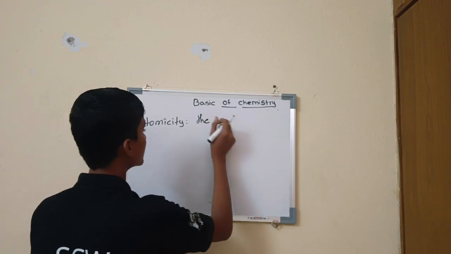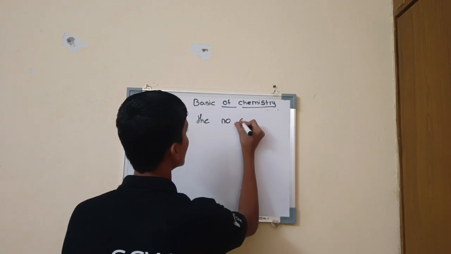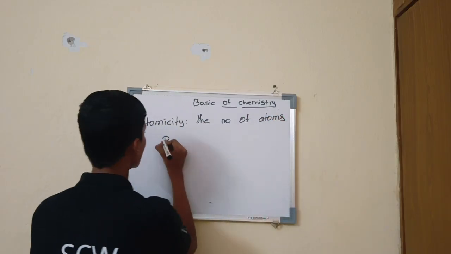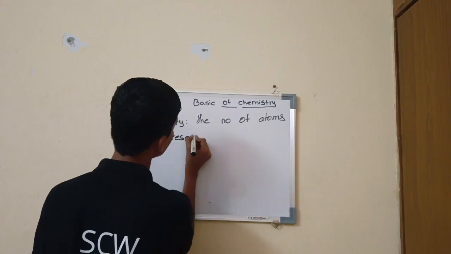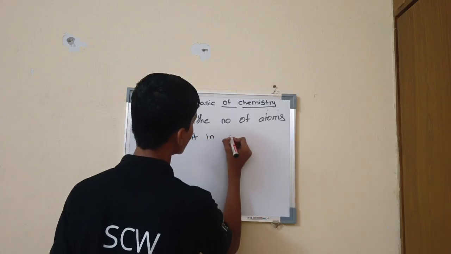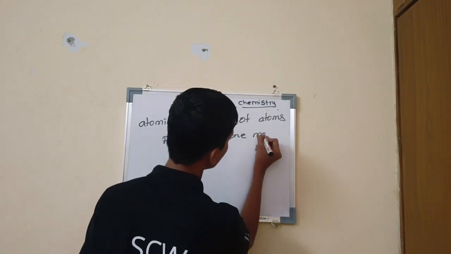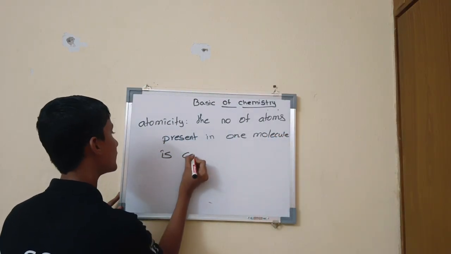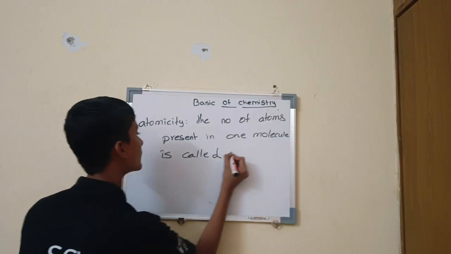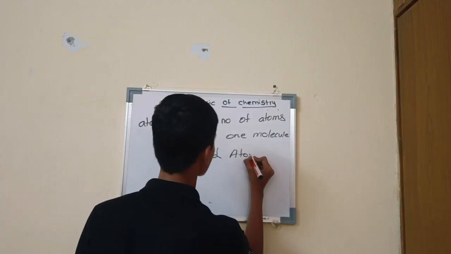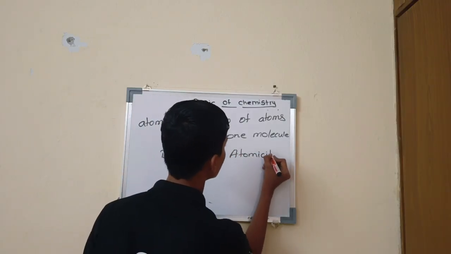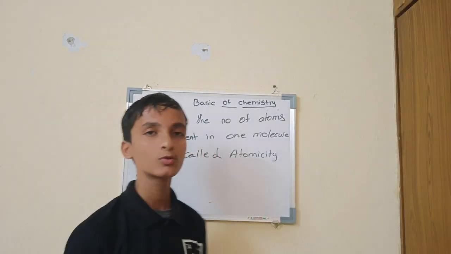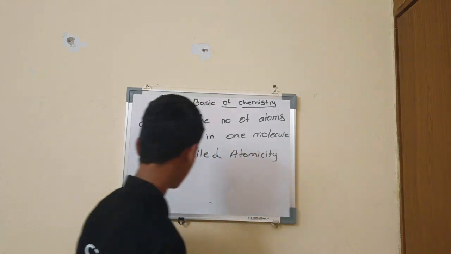The number of atoms present in one molecule is called atomicity. Examples: H2, O2, NH3, etc.